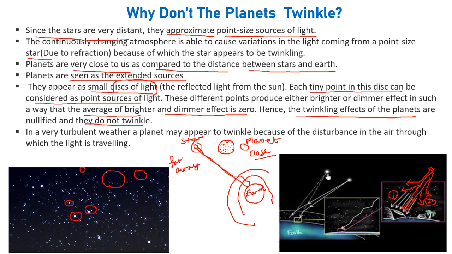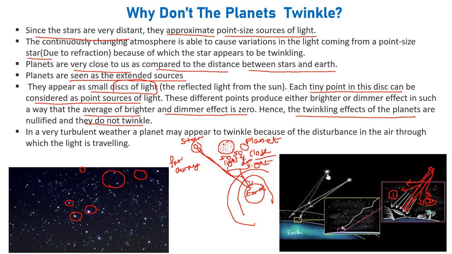But if I consider that there are 50 point sources giving bright light, and 50 point sources giving dim light, then ultimately the strong light and the dim light average out, and I can see the strong light coming from the planet because there are so many point sources.